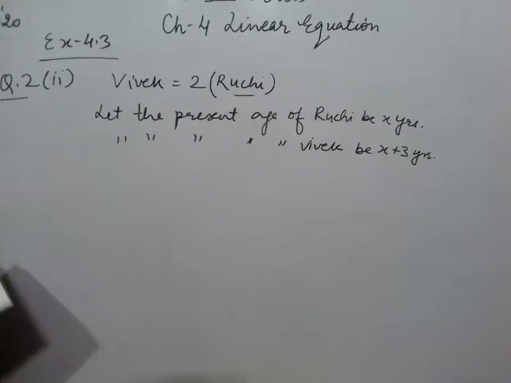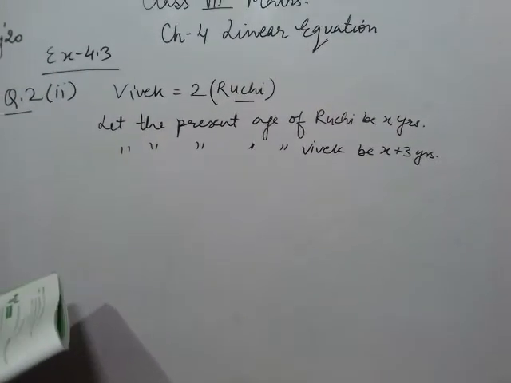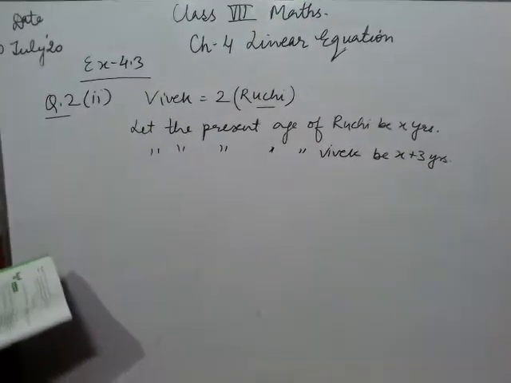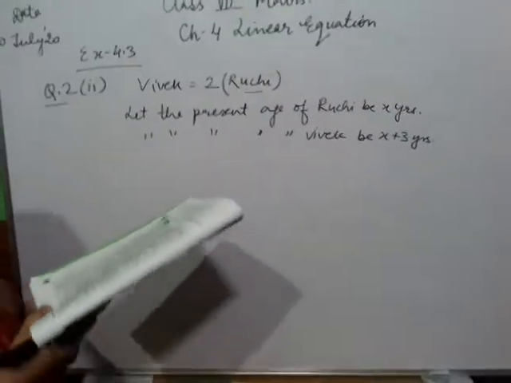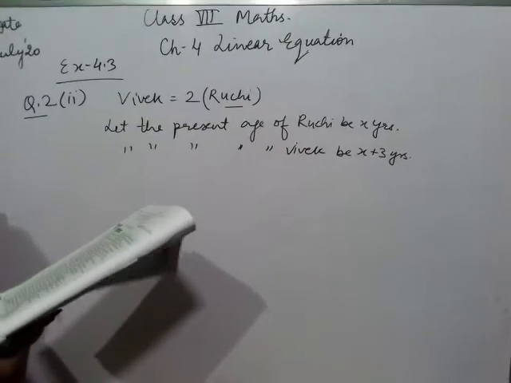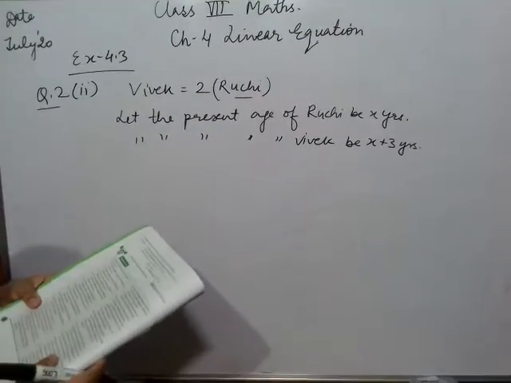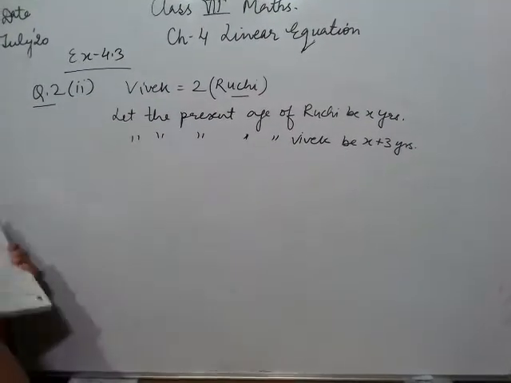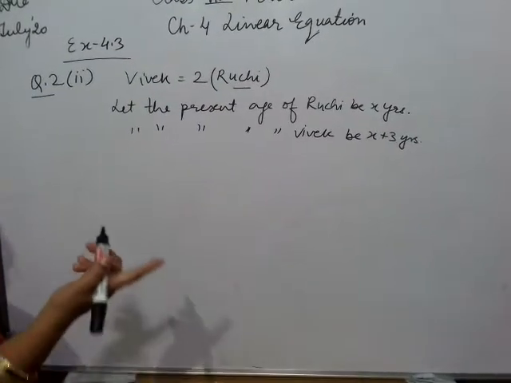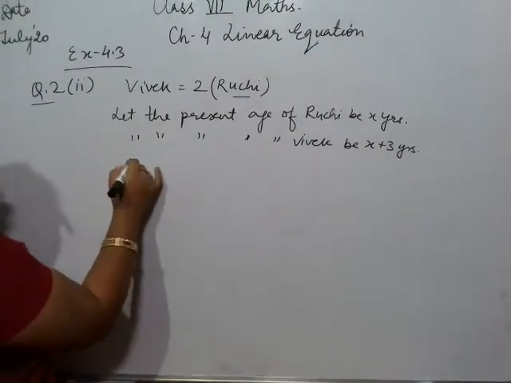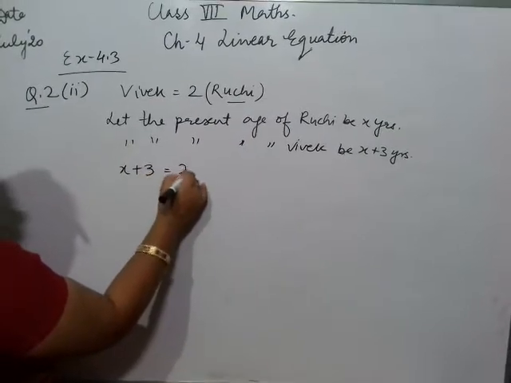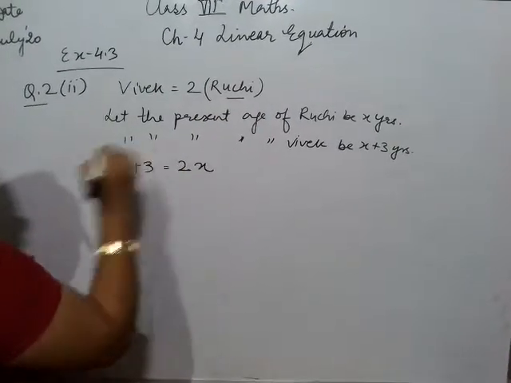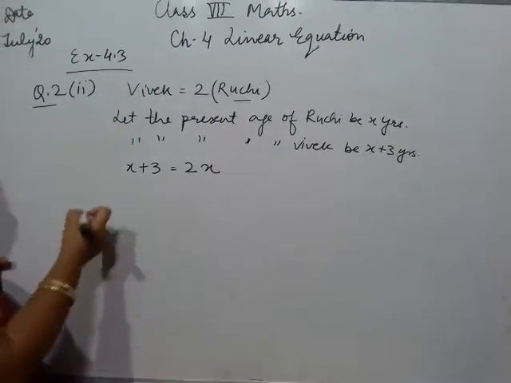Find their ages. From here we basically have two relations. Now the age of Vivek, X plus 3, is equal to twice that of Ruchi. So this is the only relation.